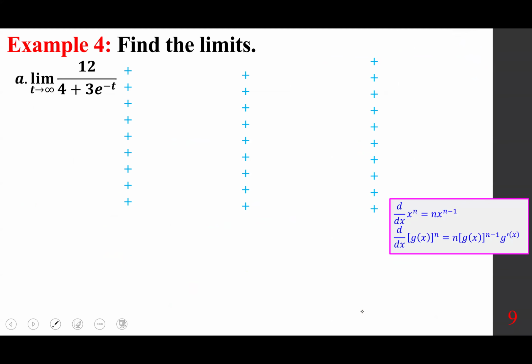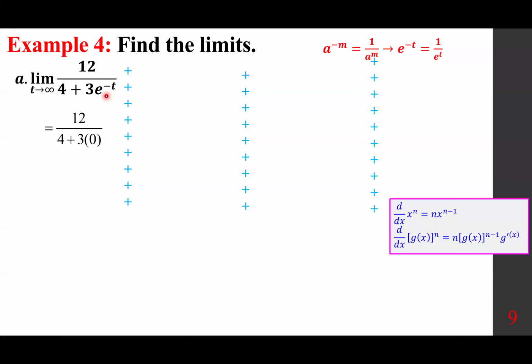You're going to move on, and in general, with the limit you plug in and you observe. I hope you recognize that for e to the power of minus t, you can use this: a to the power minus n is 1/a to the power of n. So e to the power minus t is 1/e to the power of t. And since t is approaching infinity, e to the power minus t is 0.